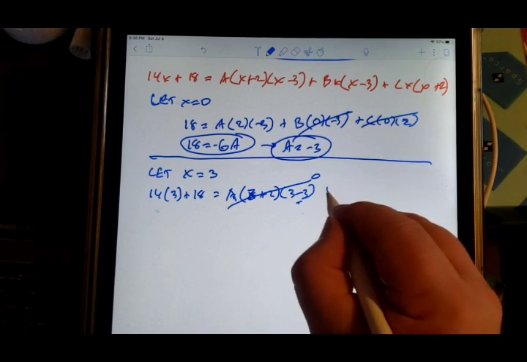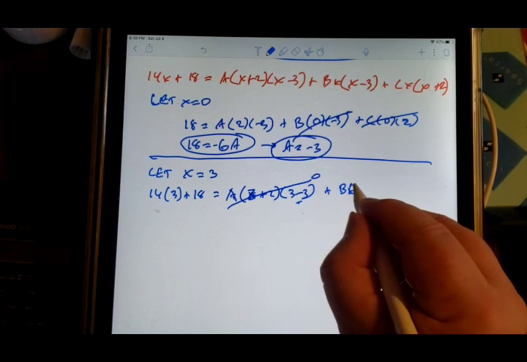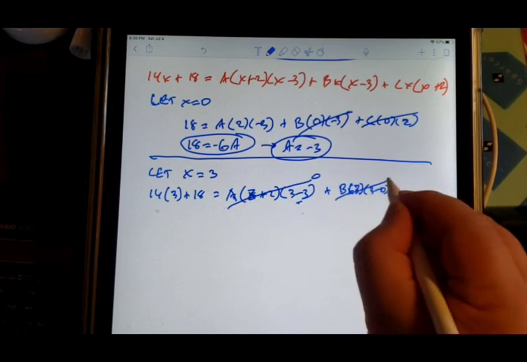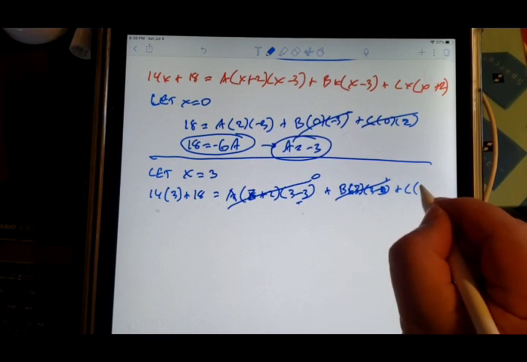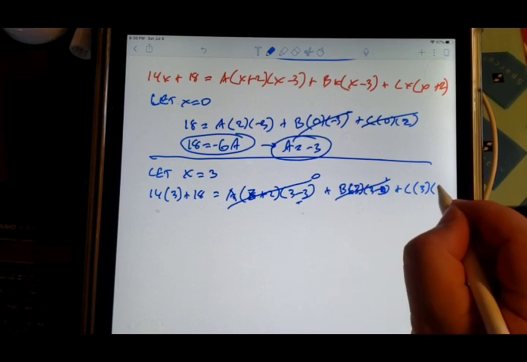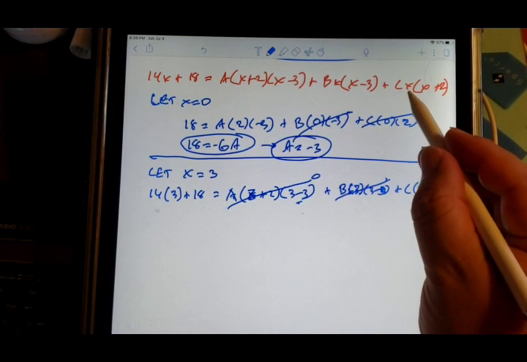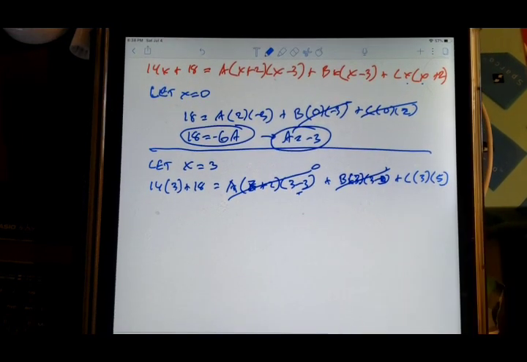So a drops out. B is, sorry, it's going to be 3 times 3 minus 3. B is going to drop out. The only one that's going to survive is c. I put a 3 in for both of those x's. It's going to be 3 times 15.